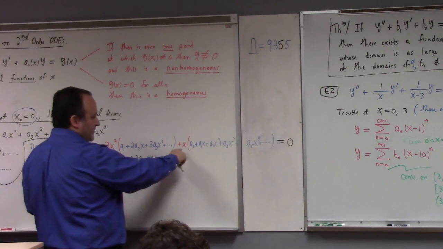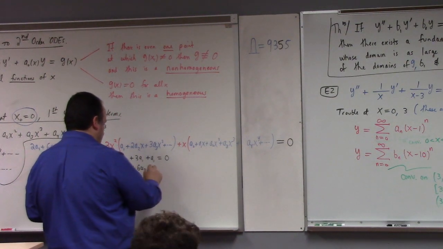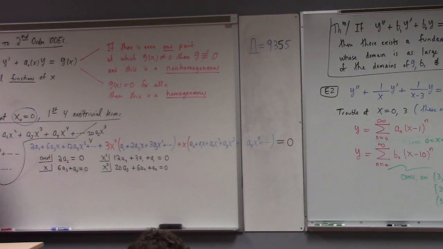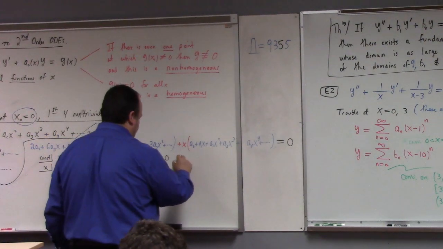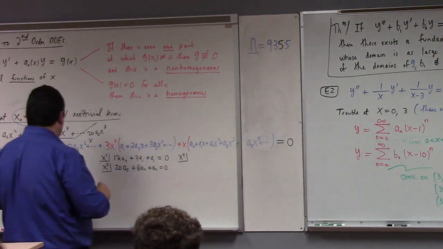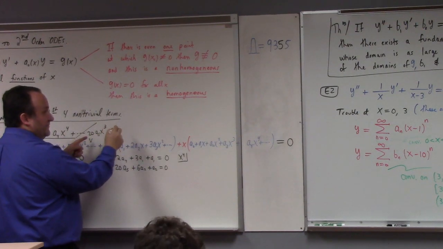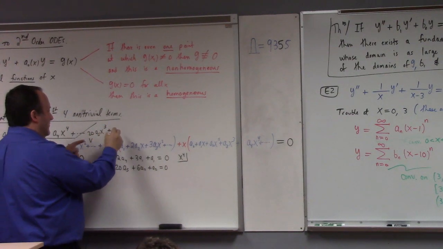And then over here, x to the power 3, x times x squared, we get a plus a2. All right, what's next? X to the power 4. So I think the next term that I haven't written here would have been what? 4 times 5? Next is 5 times 6. Yeah, 30, right?